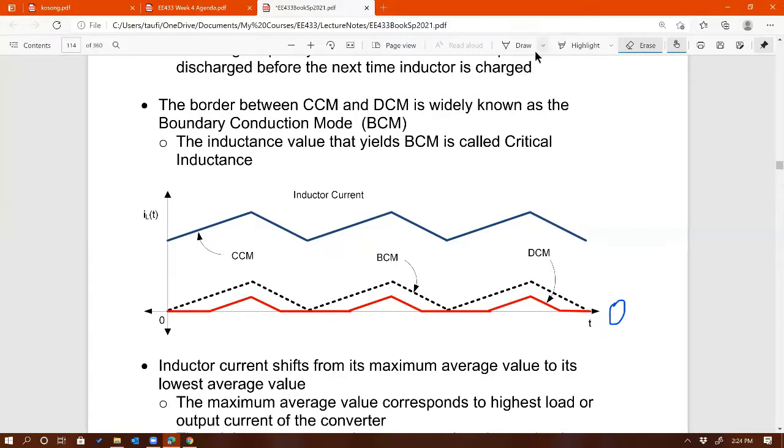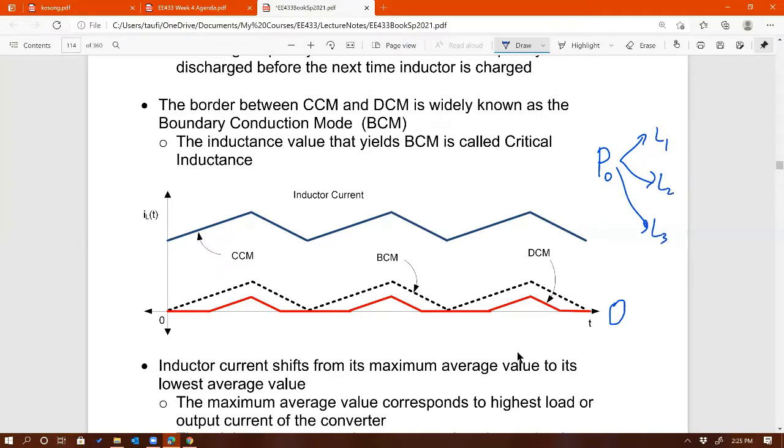Okay, so per given output power of the DC to DC converter, right? So that's given. I could choose different L's, right? I could choose L1, L2, L3, whatever it is.